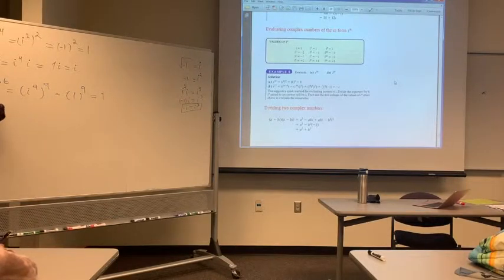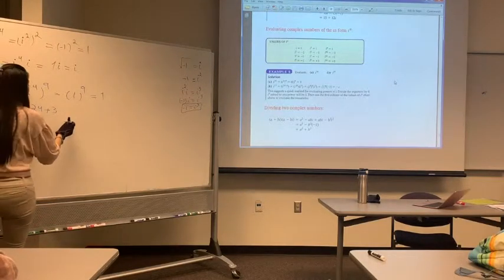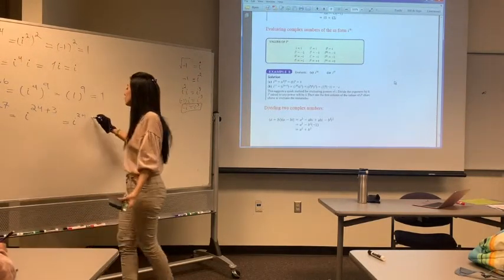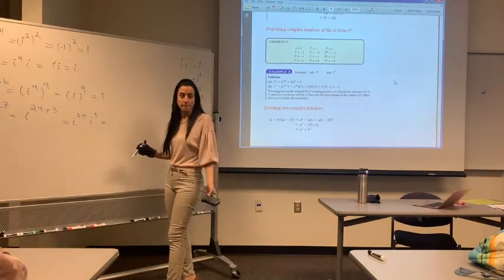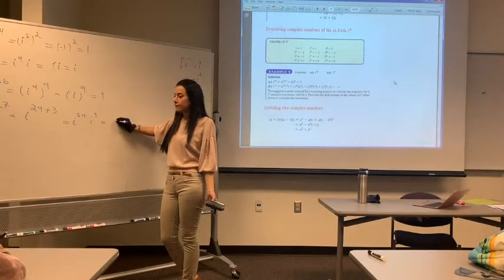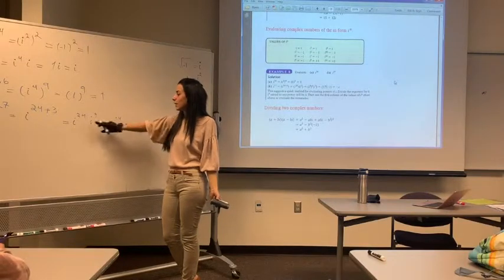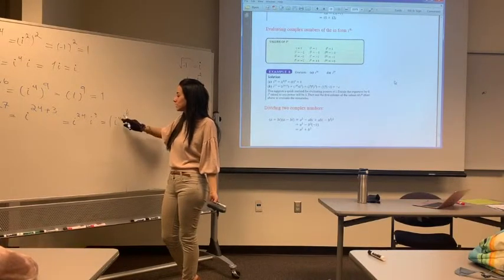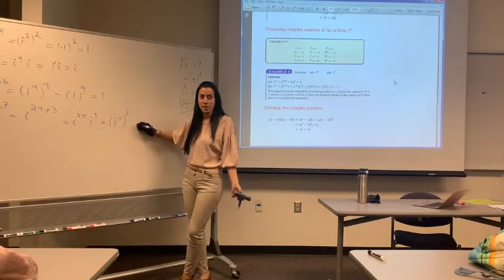Then i to the power 27, we can write it down in this way: i to the power 24 plus 3. Right? And then we have i to the power 24 multiplied by i to the power 3. For i to the power 24 we can write down i to the power 4, to the power 6, because 4 multiplied by 6 is 24, right?